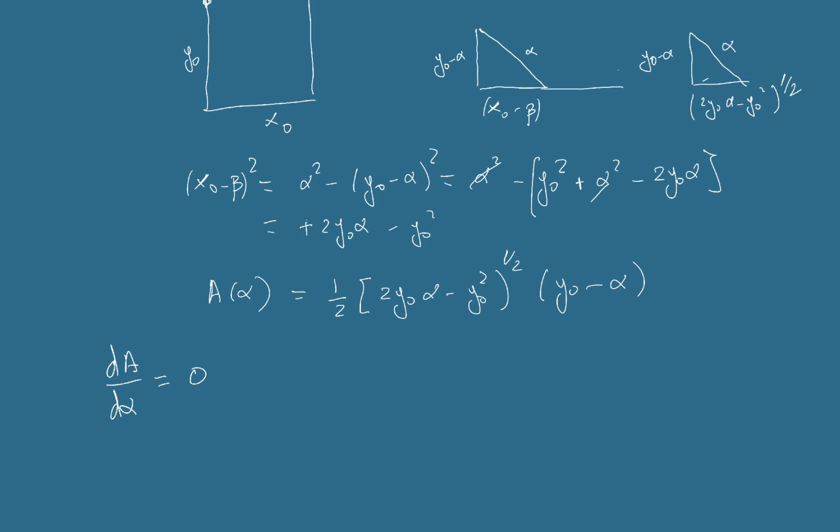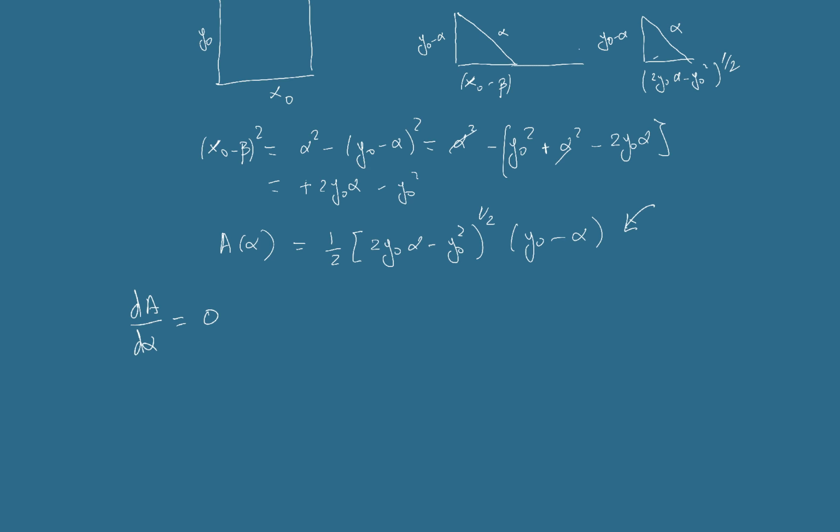So the question is, if I write this equation and I do the derivative of A with respect to alpha and put it equal to 0, can I obtain the result that he has obtained in the PDF? I think so. So let's do it.